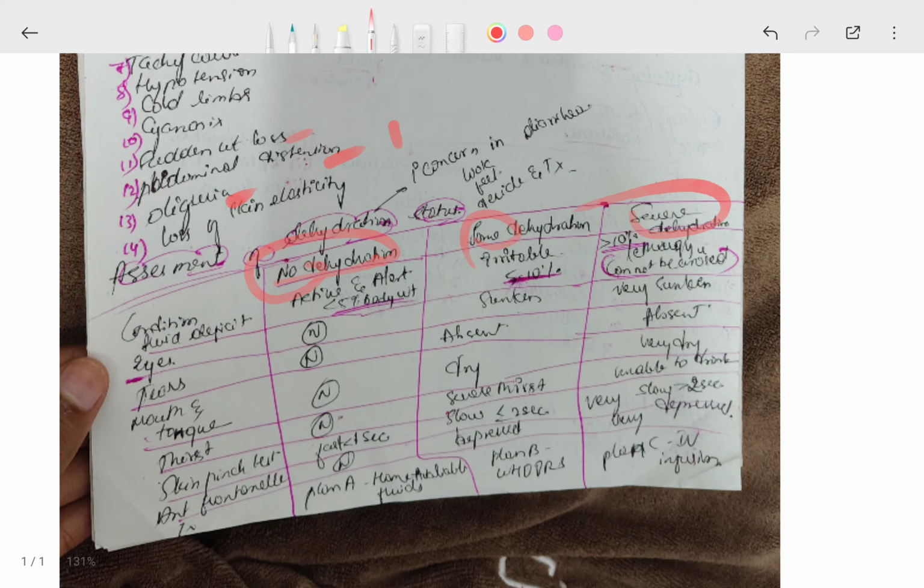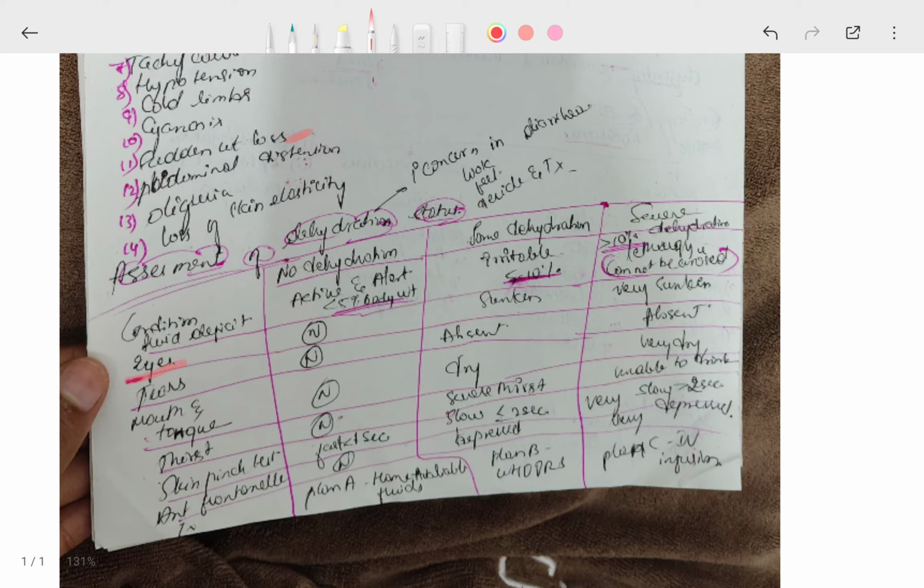In no dehydration, the child will be active and alert, whereas in some dehydration the child will be irritable, whereas in severe dehydration they can't act at all because they are severely dehydrated, so there will be lethargy. Coming to the percentage of body weight loss: in no dehydration it is less than 5%, in some dehydration 5 to 10%, whereas in severe dehydration it will be more than 10%.